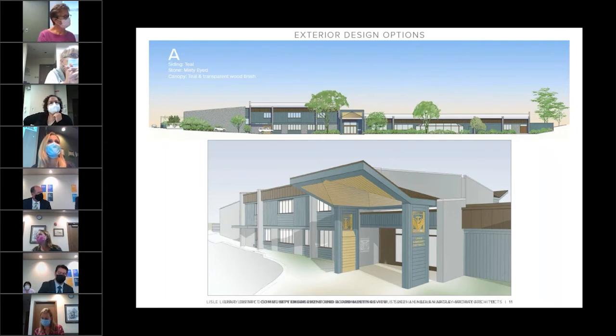And the more I thought about it, the more I'm liking, I guess it would be option B, which, to me, looks more like a forest green, because we have so many nice trees, and although teal is a really nice color, forest green, I don't know, to me, fits in with all the trees and the bushes, and I guess you call that landscaping, that's a big word, but you know what I mean?